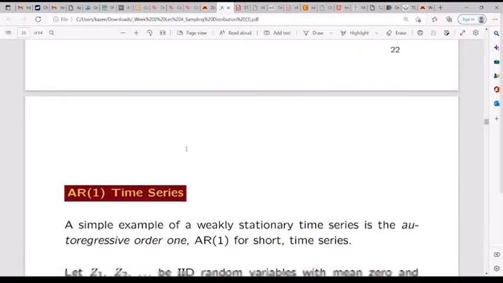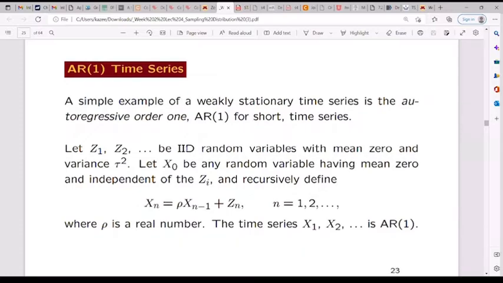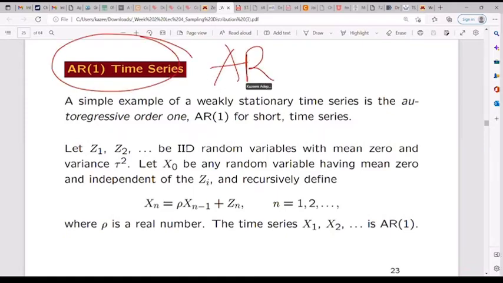Now we want to go into types of time series models. There's something that we call AR1, but generally speaking, we have AR of order P. What is the meaning of AR?